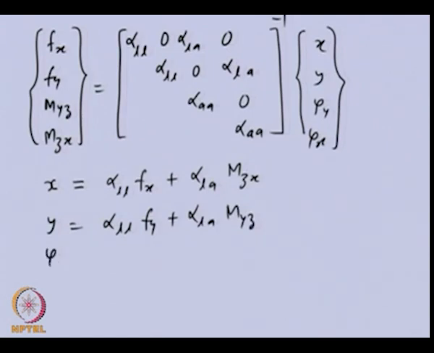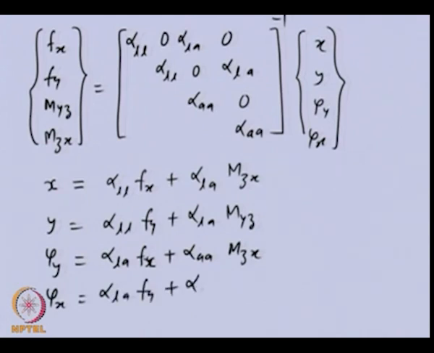Similarly, for the other two angles, let us say phi y, we have alpha angular linear fx plus alpha angular m zx, and the last one, angular linear fy plus alpha angular m yz.